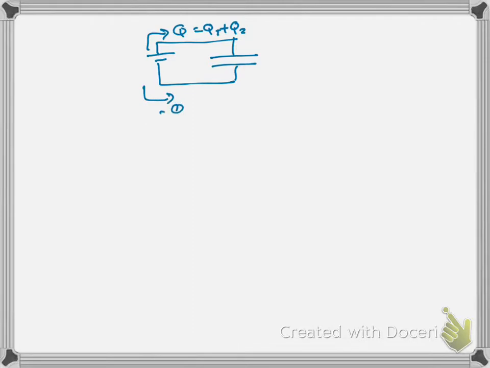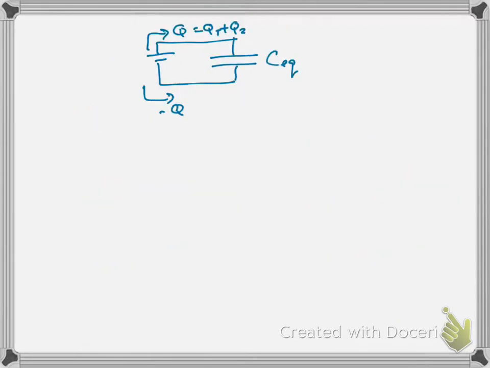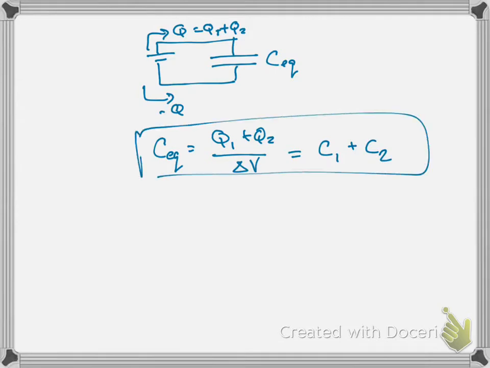So the equivalent capacitor is Q1 plus Q2 over delta V. And Q1 over delta V is just C1, and Q2 over delta V is just C2. So equivalent capacitance is equal to C1 plus C2.